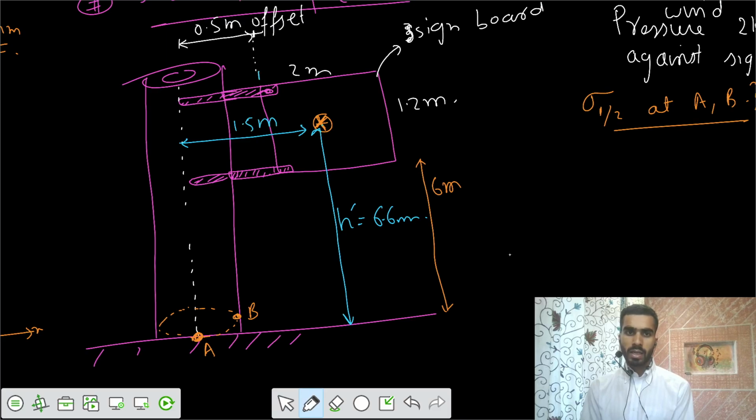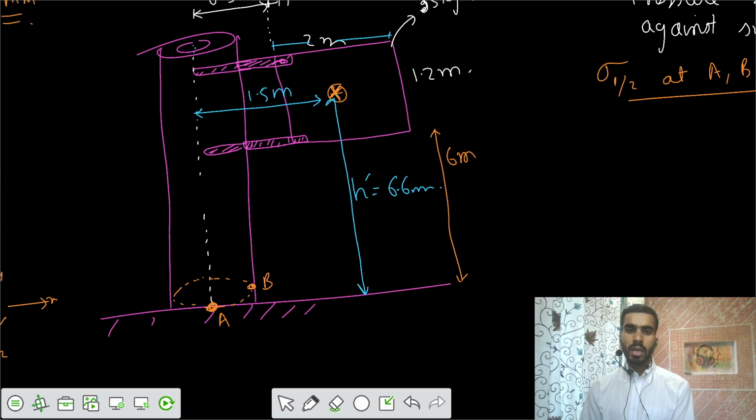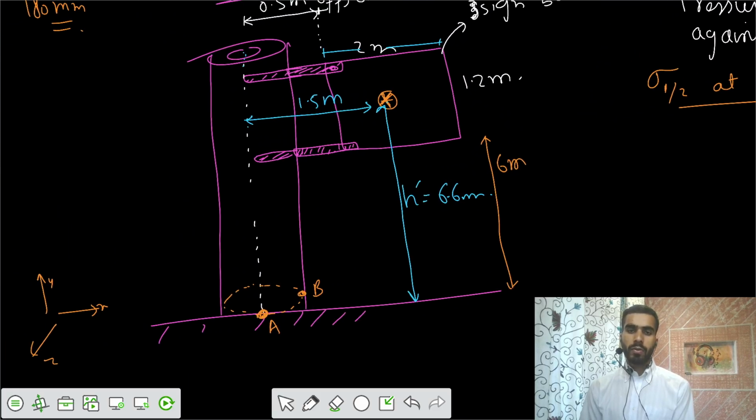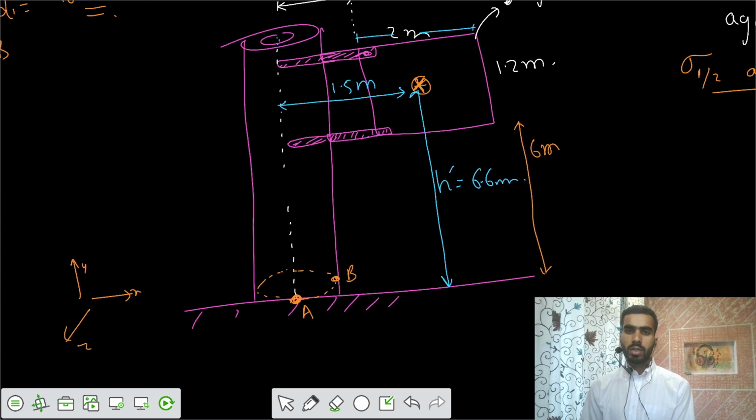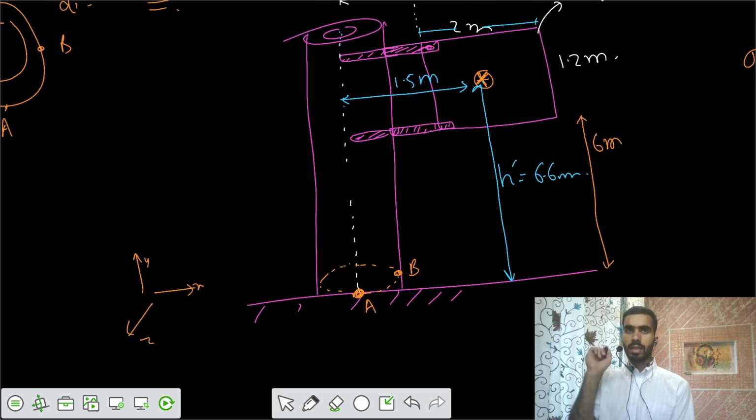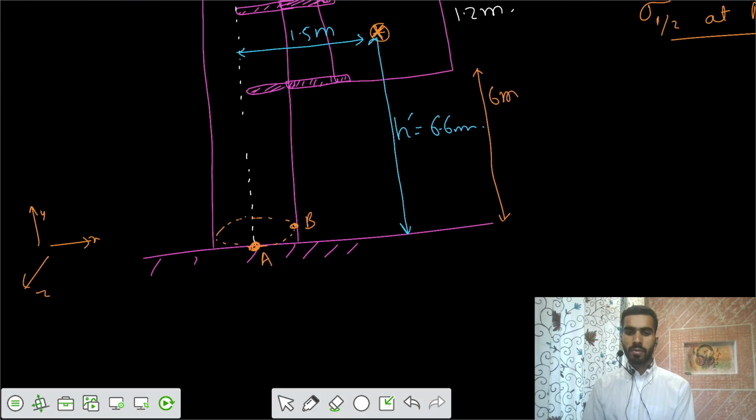We can say this is 2 meter and this offset is 0.5, so the final value to the center of that section is 1.5. Now we are going to see the effect of that load in the Z direction, at some eccentricity from the center line and acting at a distance of 6.6 from the bottom. We need to find the stresses developed at A and B.